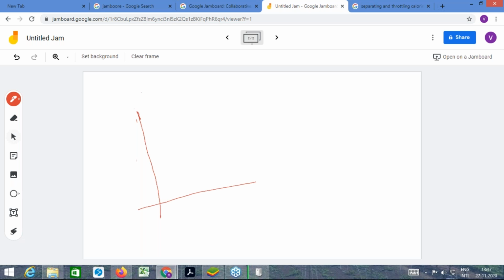There's some problem with the orientation. I'm not getting it. Why is that happening? Let me clear it again.